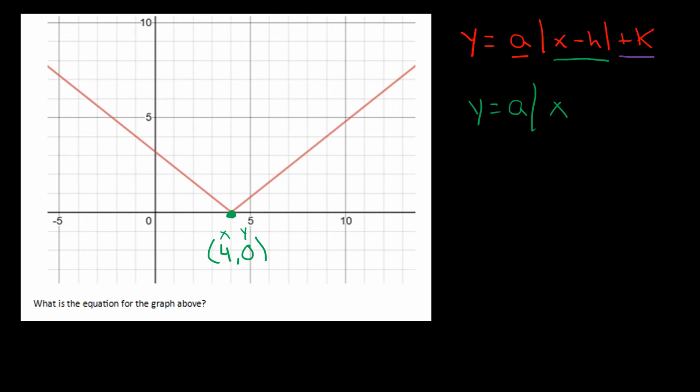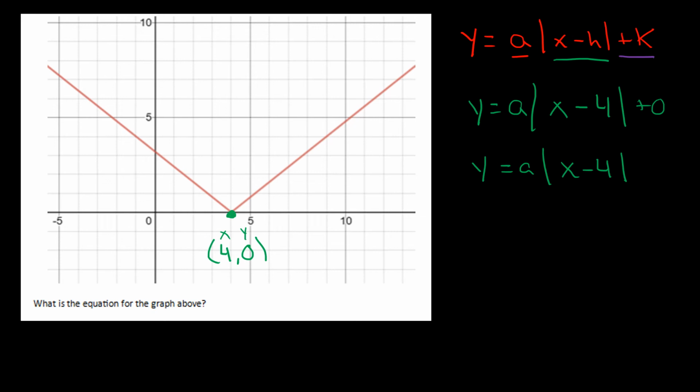Now we want 4 units to the right, so we're going to go x minus 4. All right, 4 units to the right, so it'd be x minus 4. And then we don't go up at all. We stayed there, so it'd be a plus 0. And we can get rid of that in just a little bit. Okay, so we can go ahead and rewrite this as y equals a, absolute value of x minus 4.